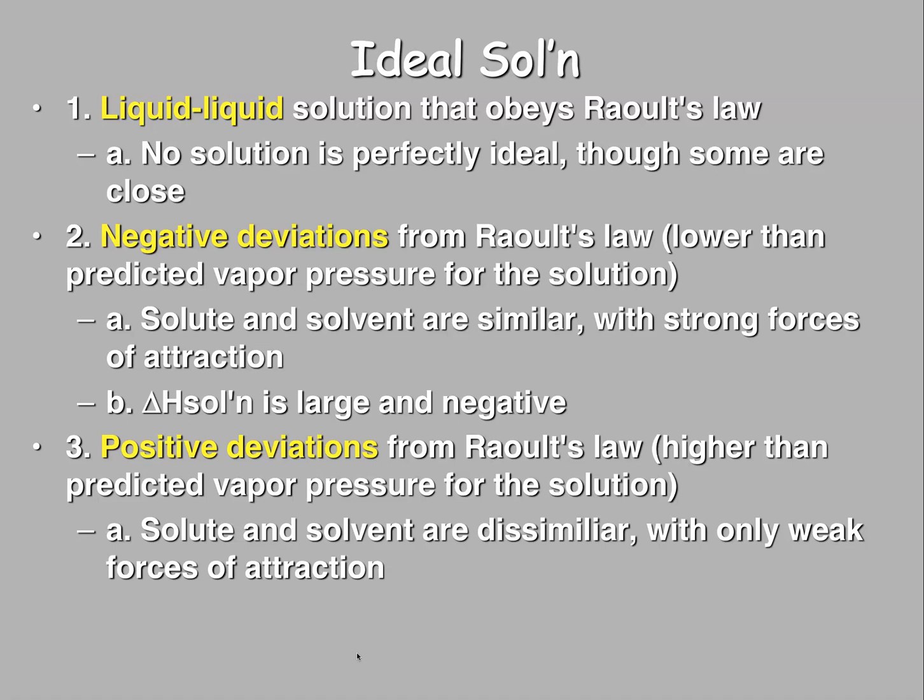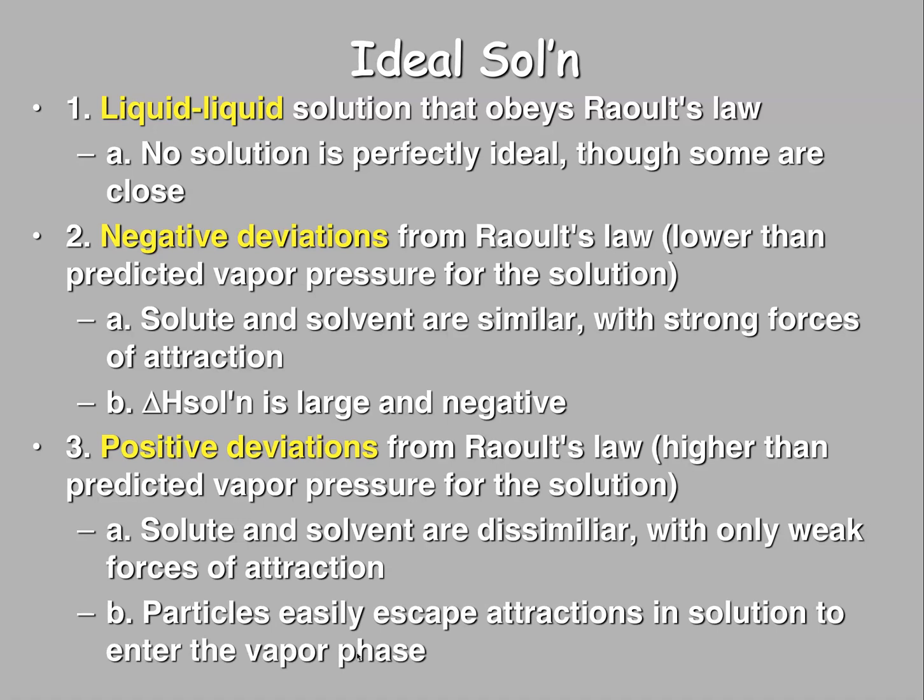It's just a weaker attraction between the IMFs having to do with solute and solvent. Because of this weak attraction, particles tend to easily escape those attractions in solution and enter the vapor phase. So you get, again, more molecules right above the surface, which increases vapor pressure. Questions on this?